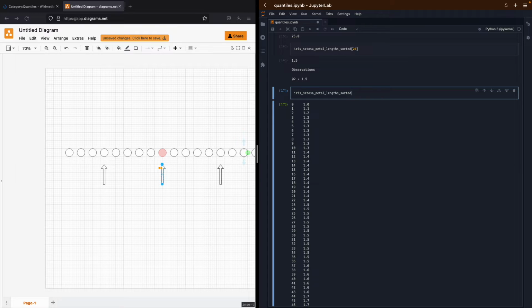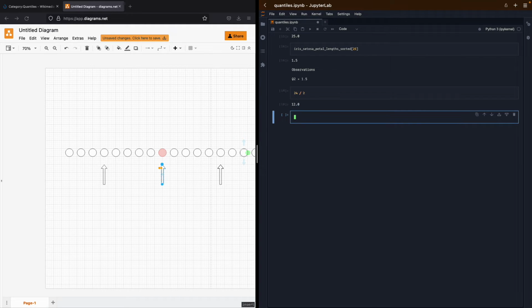What is going to be the middle of 0 to 25? It is going to be 12.